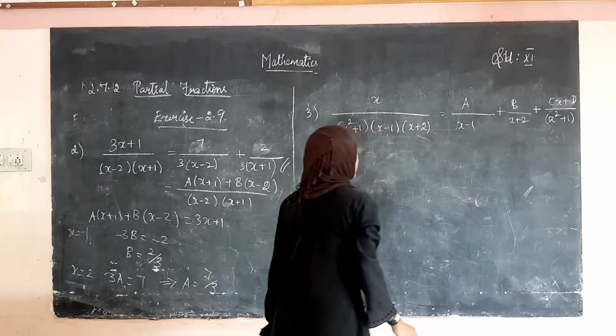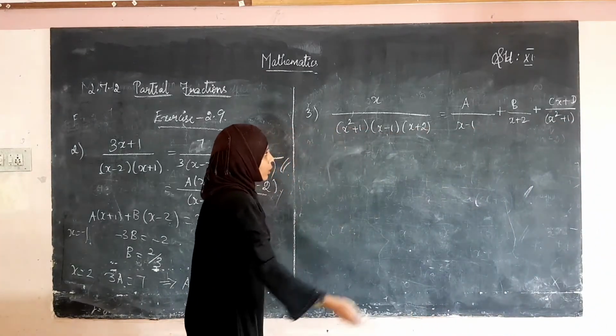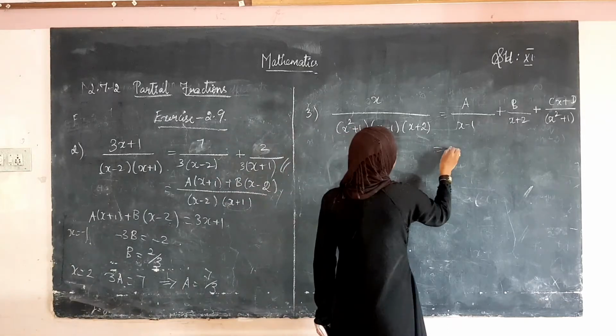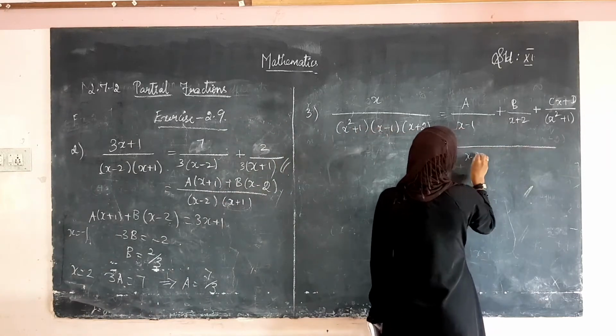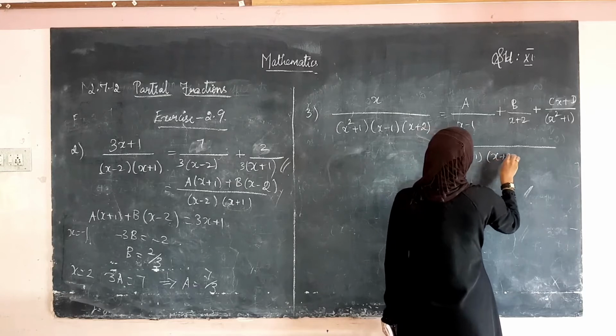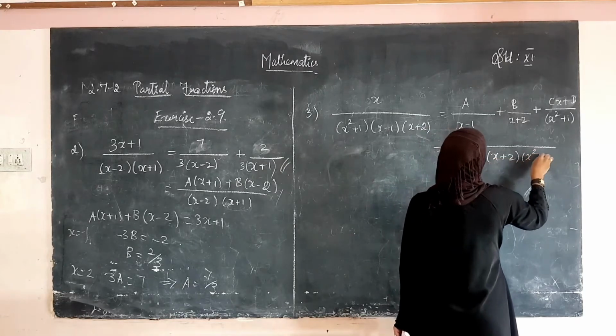Now take the LCM. If you take the LCM, we get x minus 1 into x plus 2 into x square plus 1.